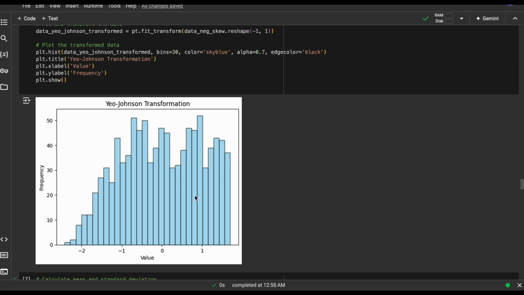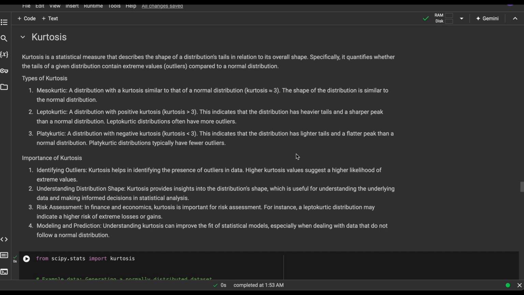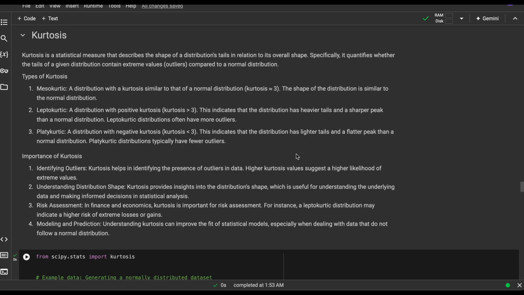Right now, this is a measurement to find the outliers, used in many rare cases for finding outliers. A kurtosis equal to 3 means the shape of the distribution is a normal distribution. Greater than 3 indicates heavy tails and a sharp peak compared to a normal distribution, and it often has outliers.